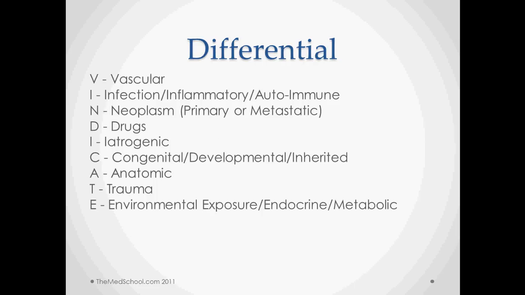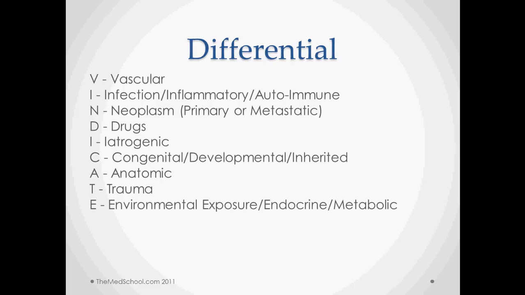So when trying to figure out what's going on, this VINDICATE mnemonic that is used almost universally as a differential diagnosis guide works really great here because almost all of these apply. Vascular problems, we talked about Budd-Chiari syndrome can cause damage to the liver.